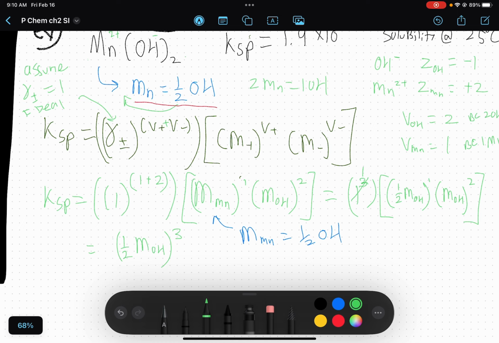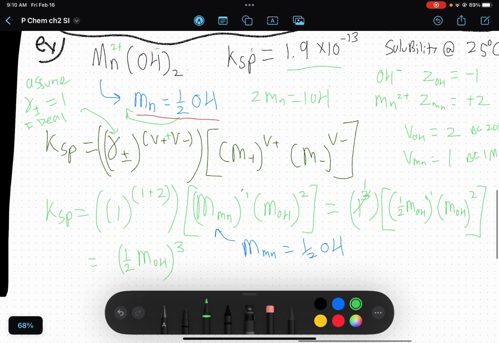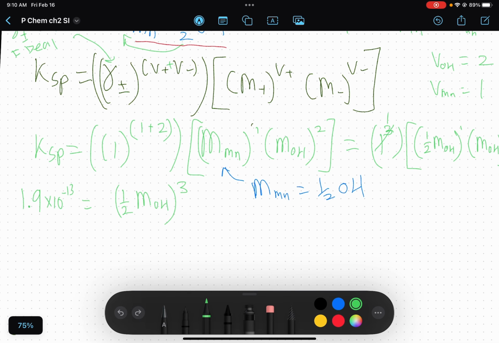We could also plug in our Ksp, which is given up here. I just haven't been writing it. 9 times 10 to the negative 13. Now that we have this. Oh. So then from there we can move the 1/2 over.